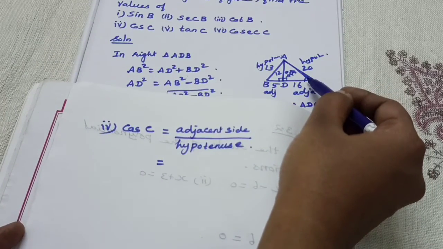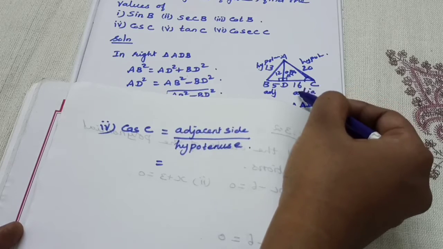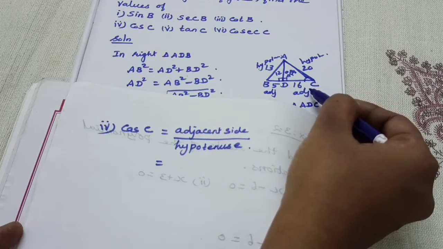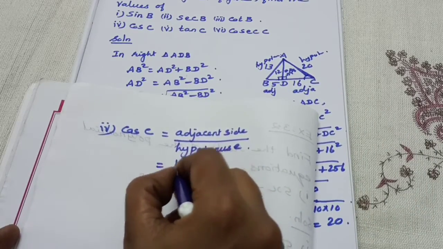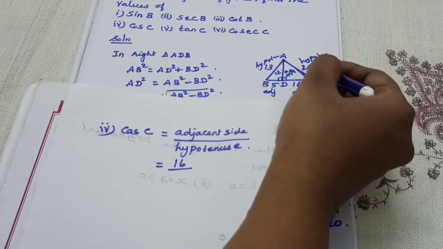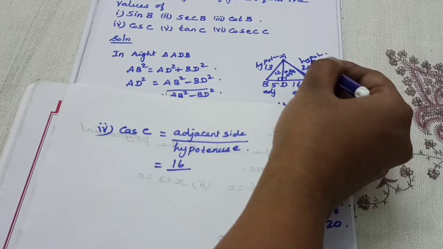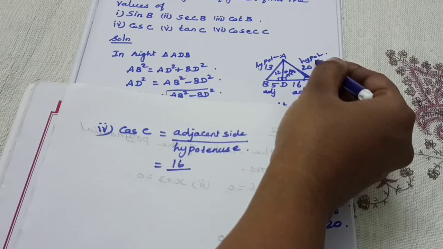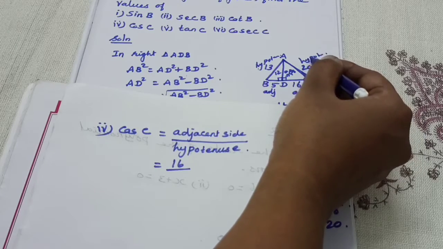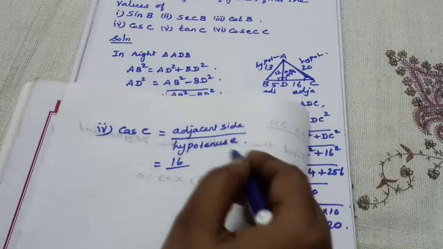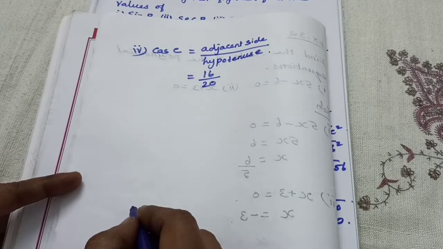This C is an angle. Then adjacent side is DC. Adjacent side, what is given? 16. Divided by hypotenuse. The 90 degree opposite side is called hypotenuse, isn't it? Then for angle C, AC is the hypotenuse. So here divided by 20.